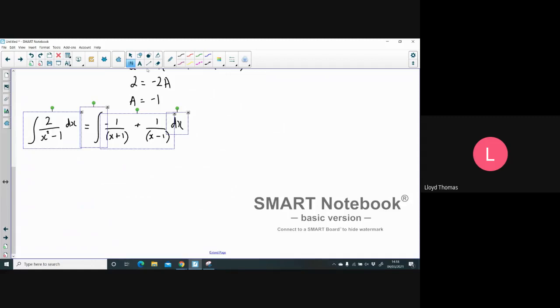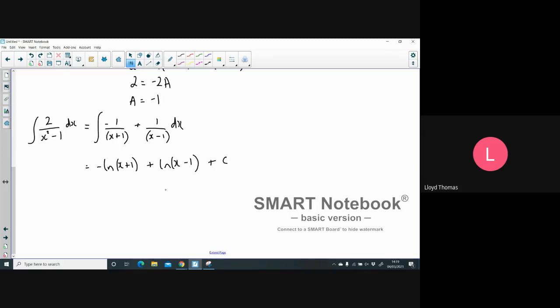So now it's just a case of integrating this. This on the right is actually easier to integrate than this in the first place, because it's just basic ln ones here. So this is minus ln of x plus 1 plus ln of x minus 1 plus c.